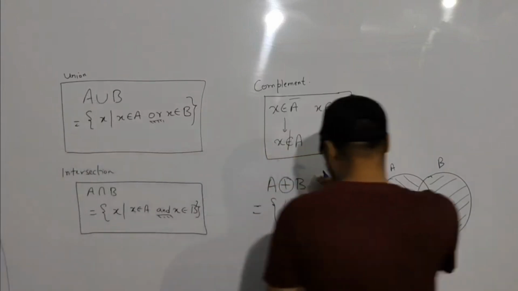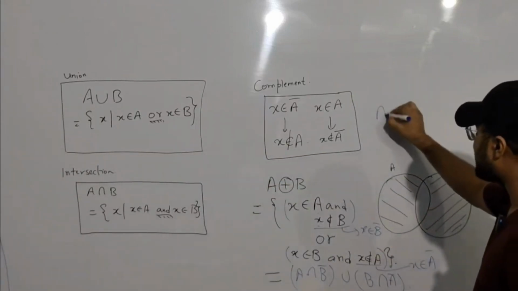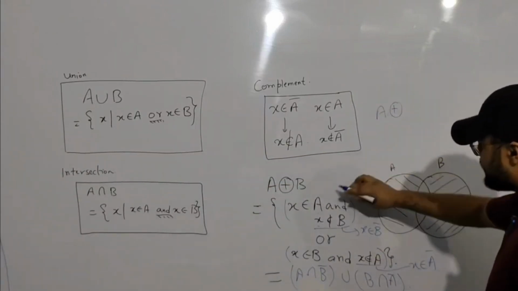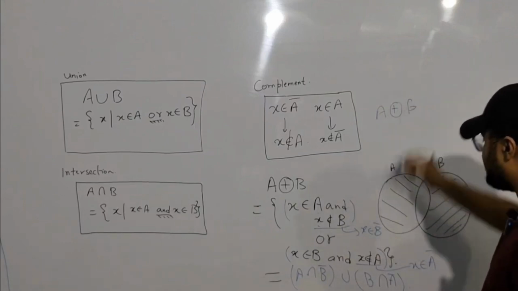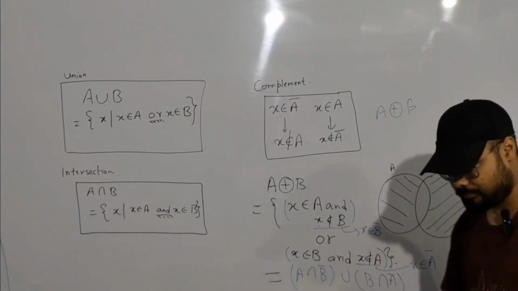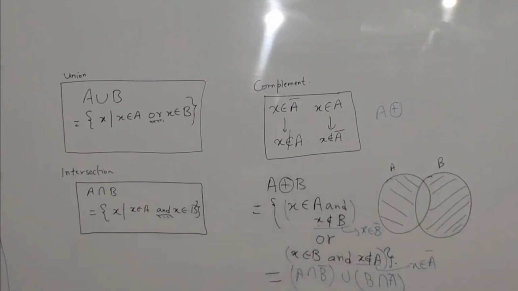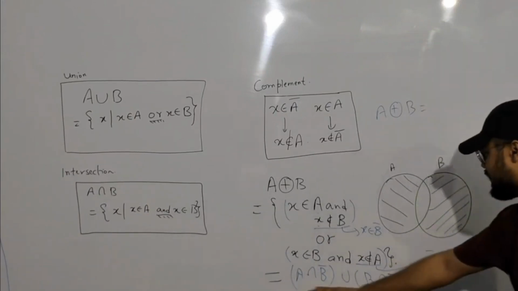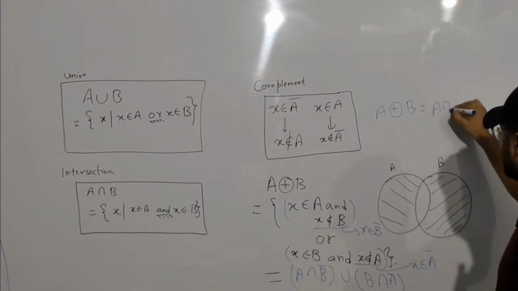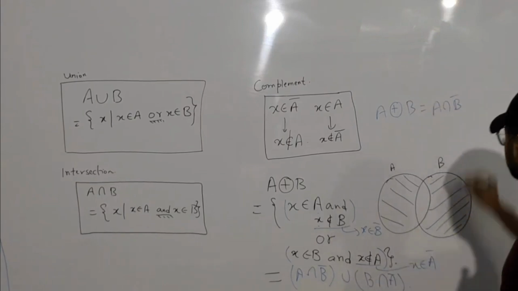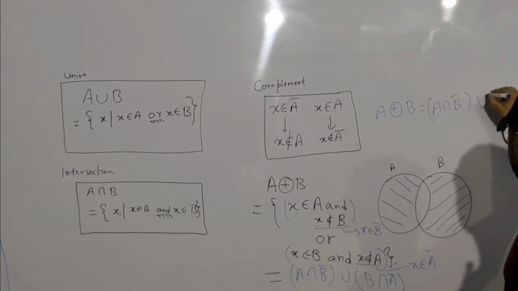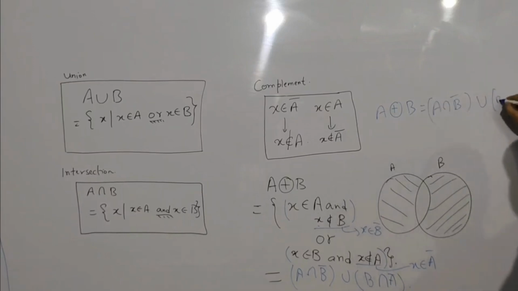So what do you get from here? You get that A symmetric difference B equals A intersection B complement union B intersection A complement.